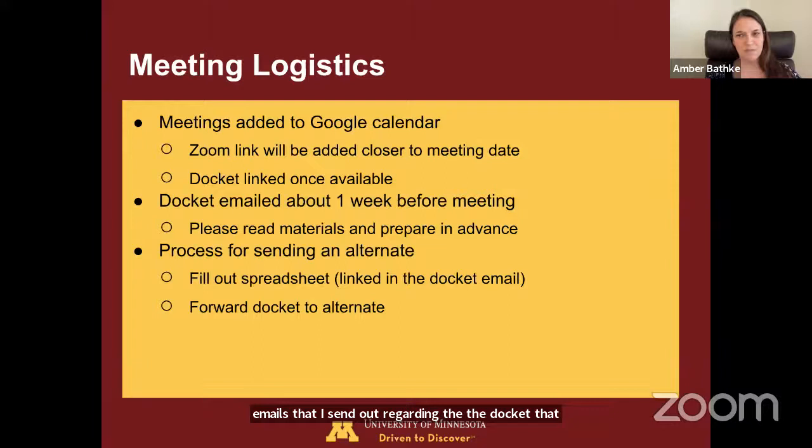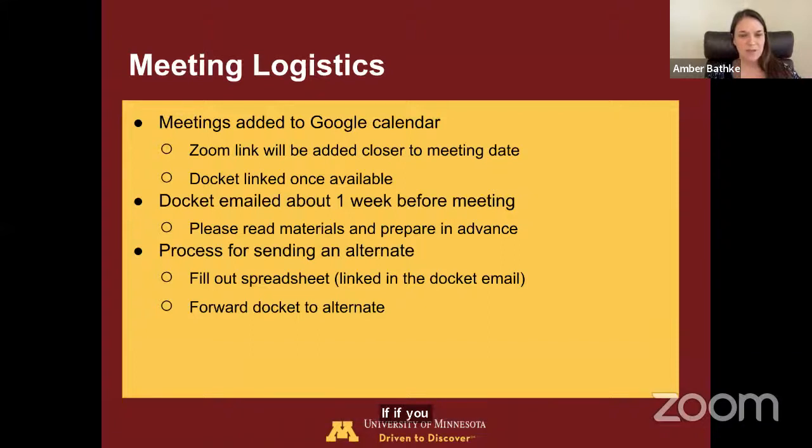That document has some information about the process, such as where you can find information about who your alternates are if they are designated, and sometimes they're not. And then there's a Google form where you can submit the name of your alternate, the date of the meeting and whatnot, so I can make sure that they all get the Google Calendar invite. And again, the agenda is linked from that invite, but we also ask you to forward the docket if you can.